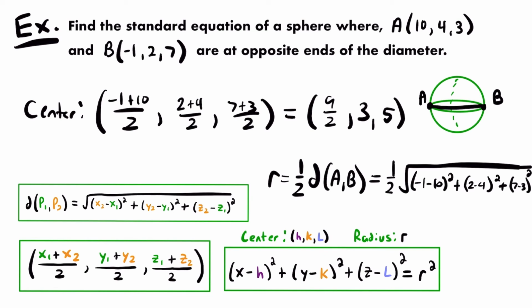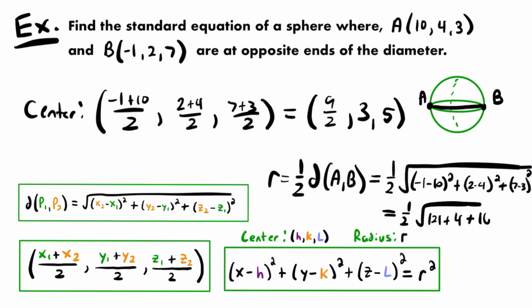Now if we simplify, this will be equal to 1/2 times the square root of -1 minus 10. That's -11, and -11 squared is 121. So we'll have 121 plus 2 minus 4, which is -2. -2 squared is 4. So we have 121 plus 4, and then we're adding that to 7 minus 3 squared. 7 minus 3 is 4, and 4 squared is 16.